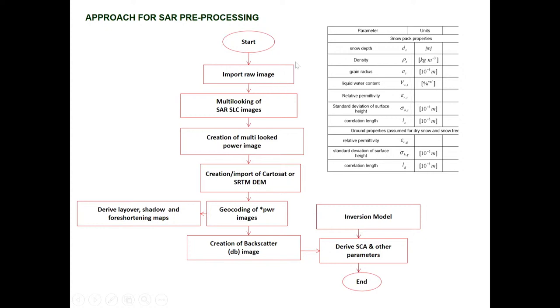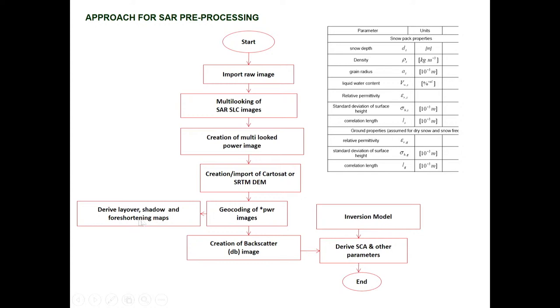So if we have the SAR data, we can process it. First, all of you know that the SAR data is available in slant range and azimuth range. Then we have to do the multi-looking, then the creation of a multi-look power image. And then with the help of an external DEM, we can geocode this data.